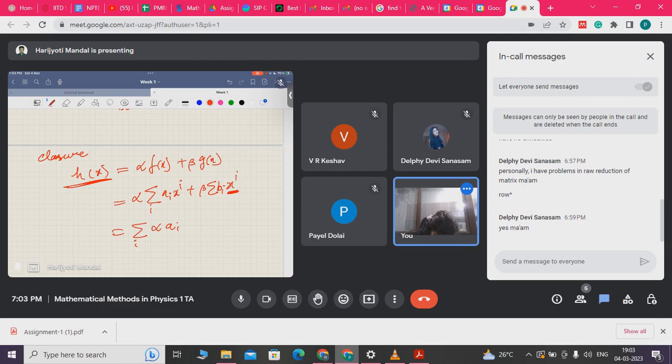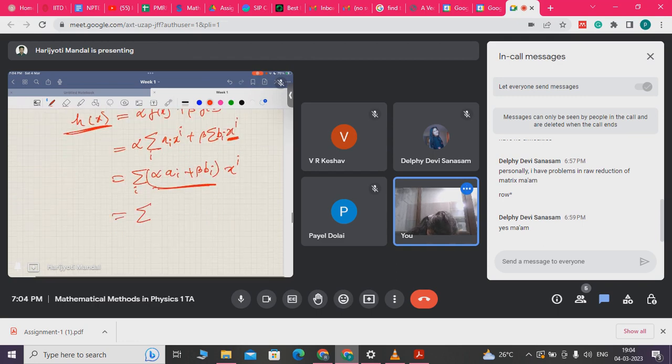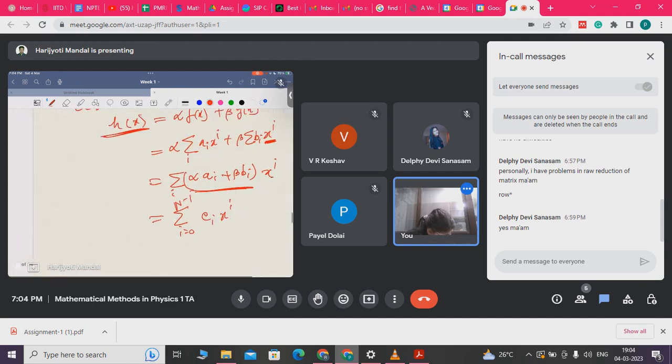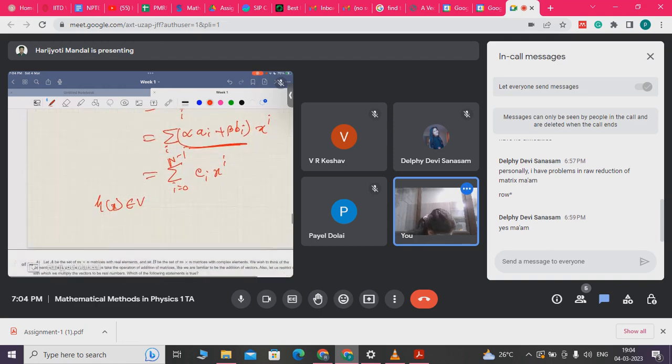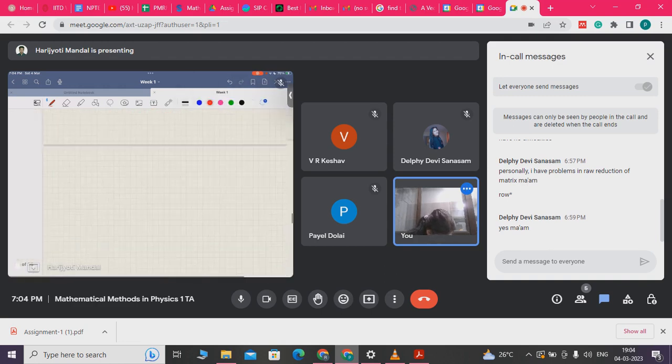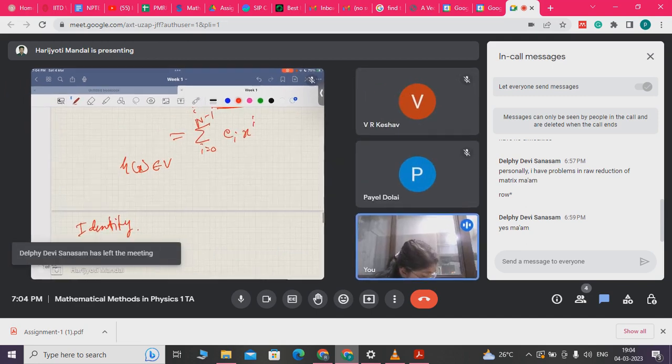But for simplicity, don't do that. So here we can write the sum of alpha ai plus beta bi times x^i. This can be written as C. So h(x) also follows the form of f(x) or g(x), so it is also in the same vector space.